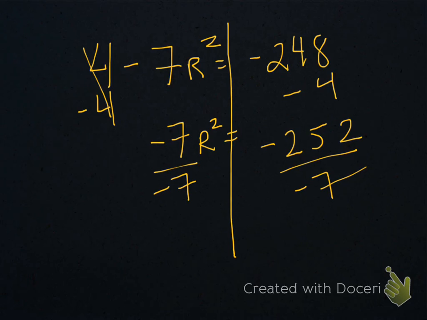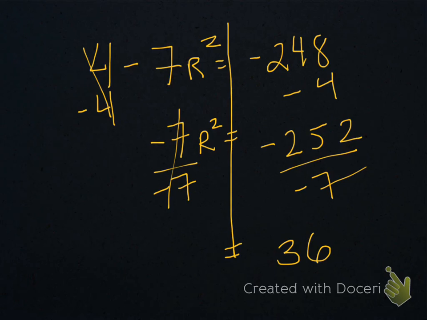So I'm going over to my handy-dandy calculator. I'm typing in, forget the signs, 252 divided by 7. Enter. Oh, it always feels good when you get an answer that looks like that. And what a great way to end the day.